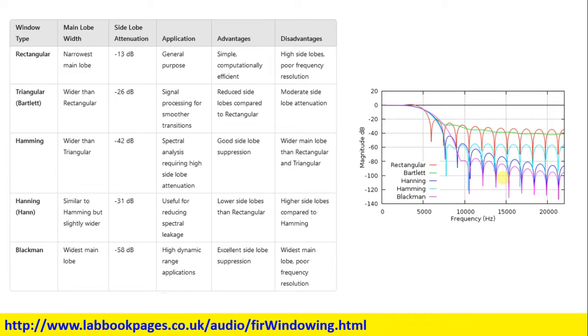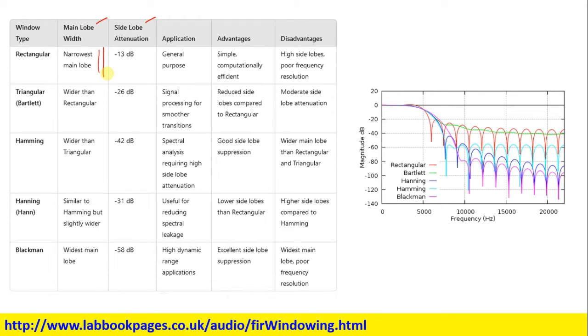Now, these are the differences between these different types of windows. If you look into it, we are basically more inclined towards how the main lobe and the side lobe perform. Okay, main lobe is basically the passband region. So in the rectangular window, we have the narrowest main lobe.